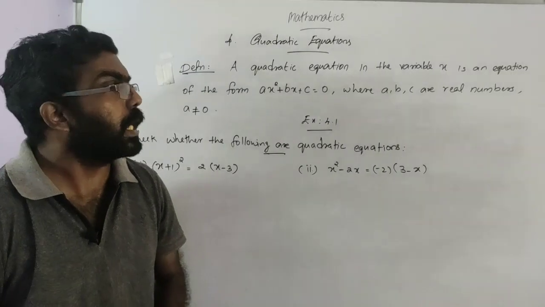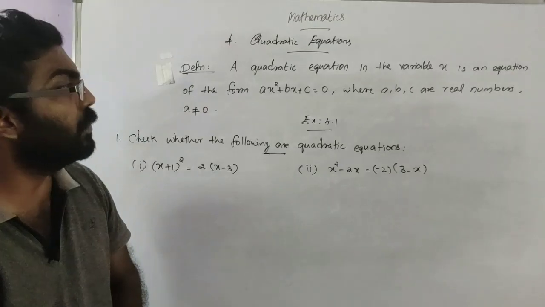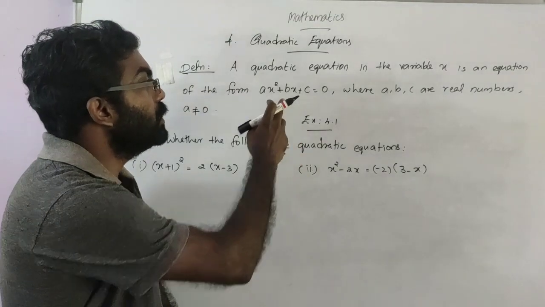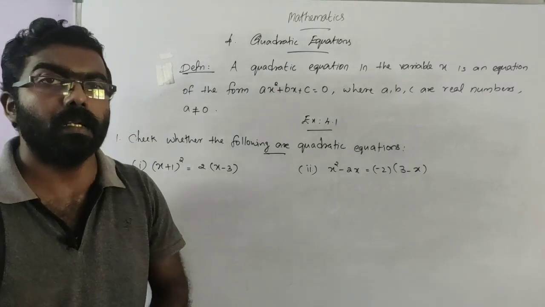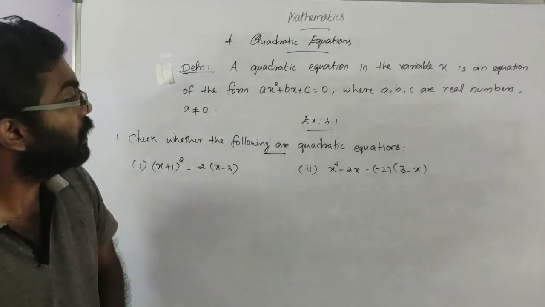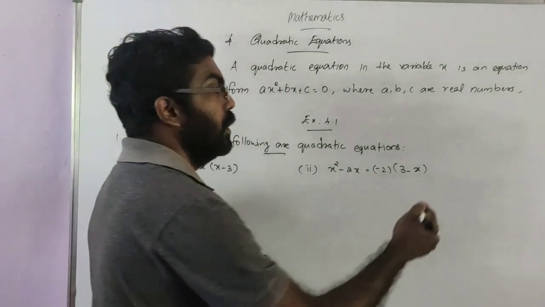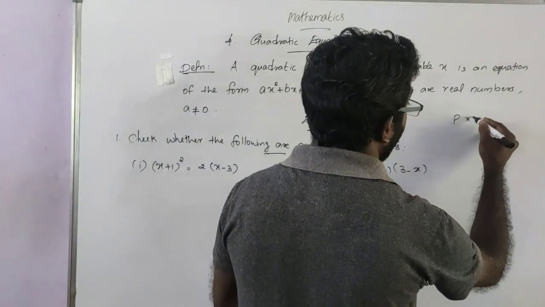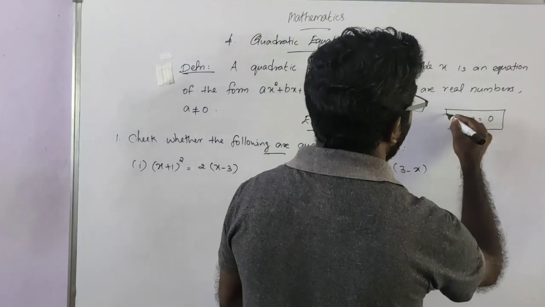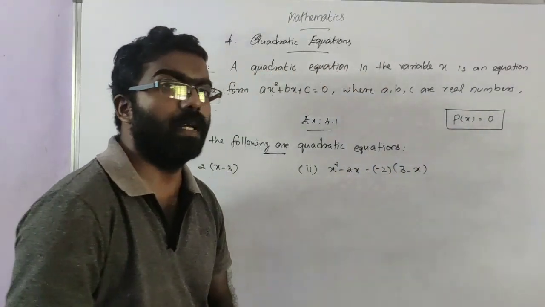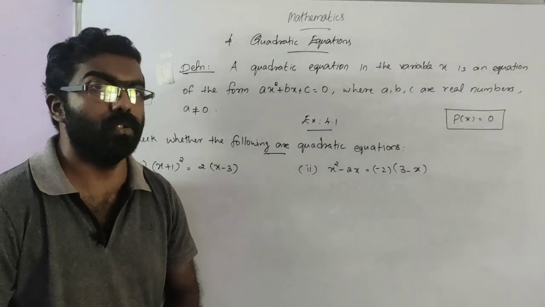So a quadratic equation in the variable x is an equation of the form ax square plus bx plus c is equal to 0, where a, b, c are real numbers, a not equal to 0. Or we can say p of x is equal to 0 is a quadratic equation where p of x is a polynomial of degree 2.